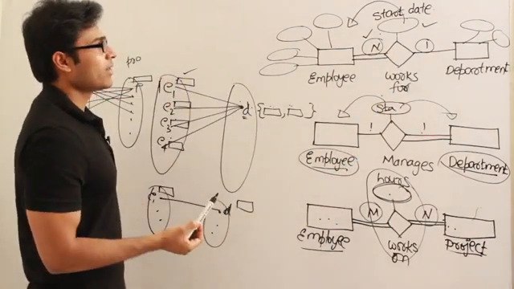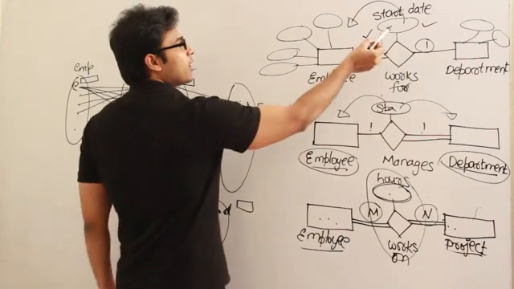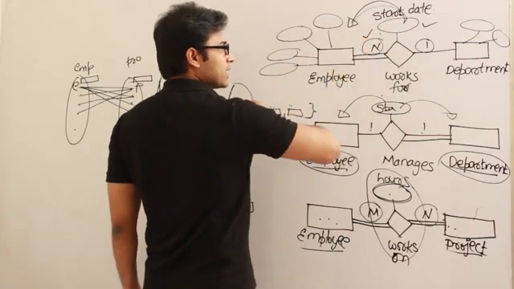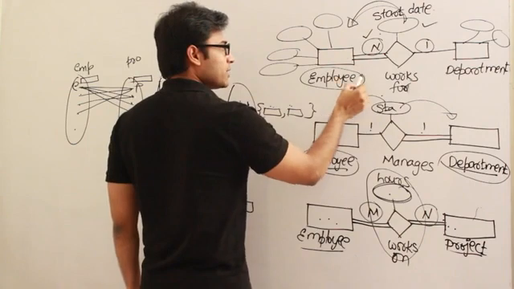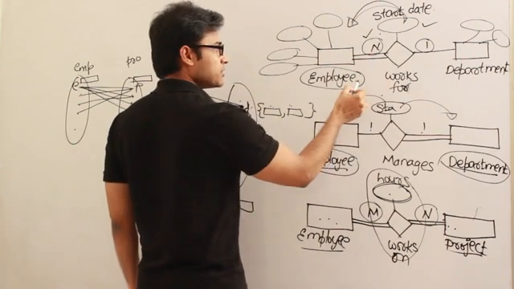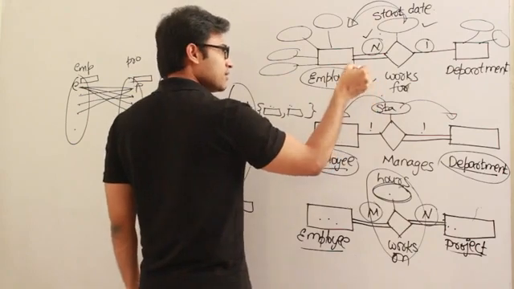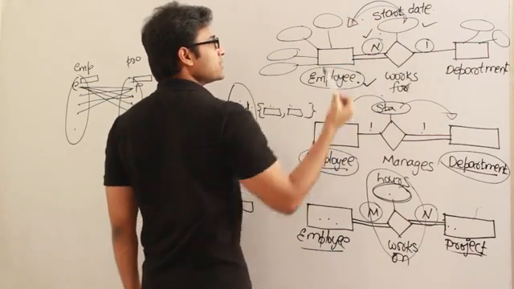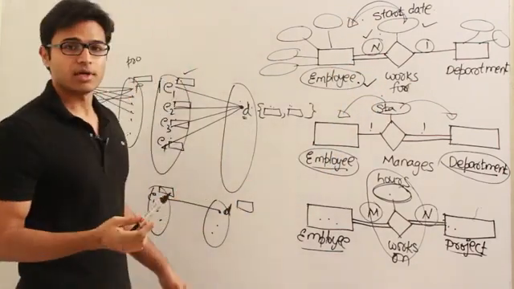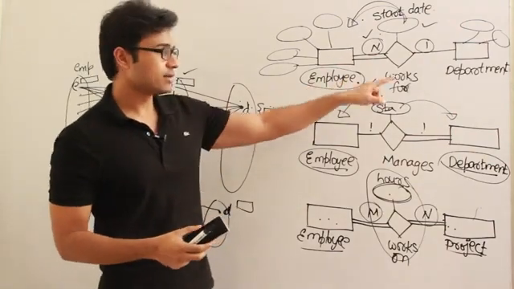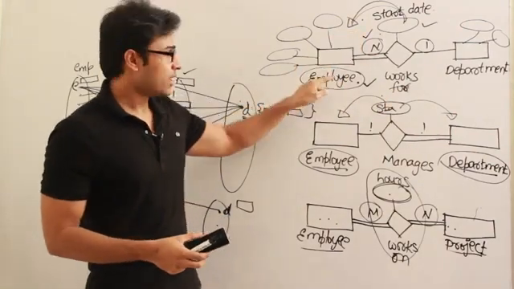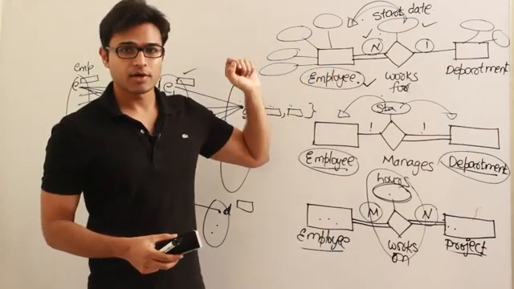See, why it makes sense to put the start date this side is, there is only one employee. Employee is participating in only one relationship. Therefore, if you add that value, definitely that indicates that this particular employee's starting date is this. You need not talk about this particular employee and this department, the starting date. Why? For every employee there is only one department.